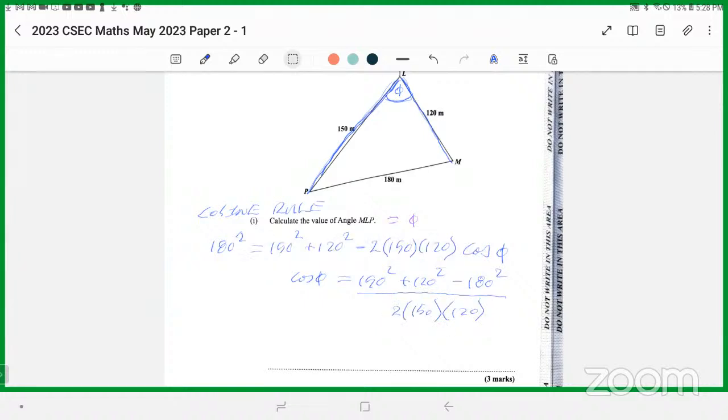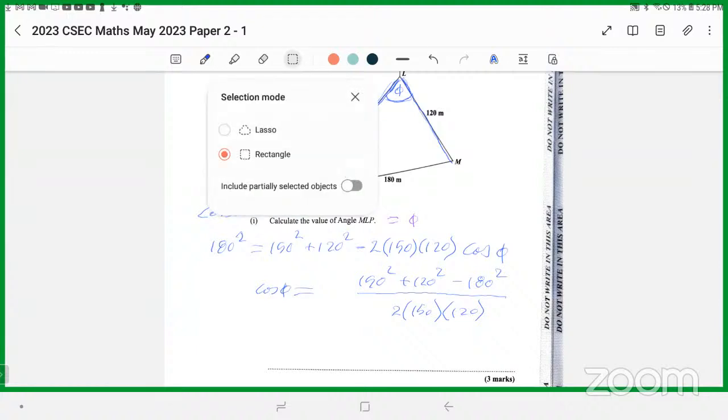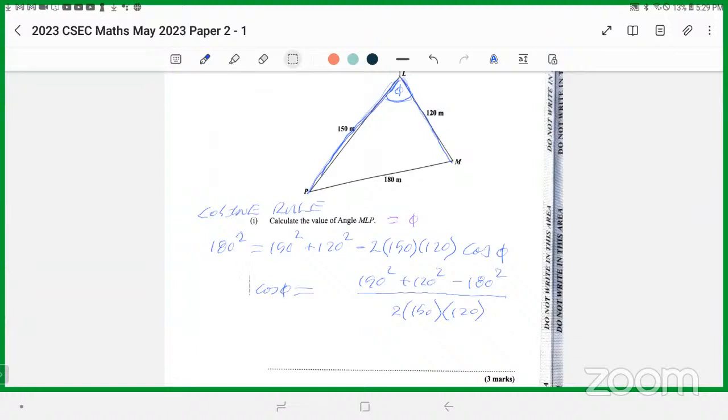And then now my phi right here will be cos to the minus 1 of all of this thing, which I'm going to do again in one step. So I'm going to move this to the right, just because I do have a space. Let's move this equal sign here as well. And then I'm going to take cos to the minus 1 of this entire thing.